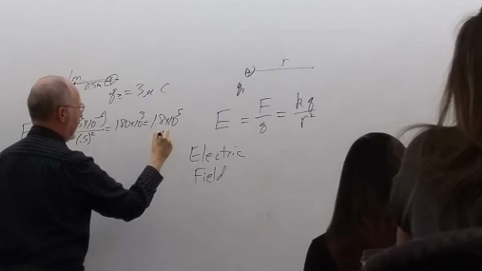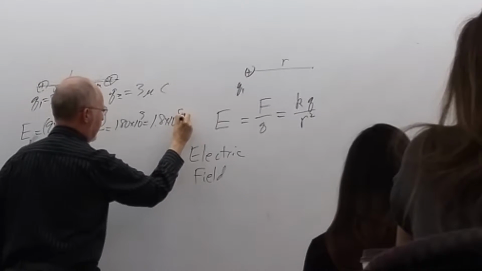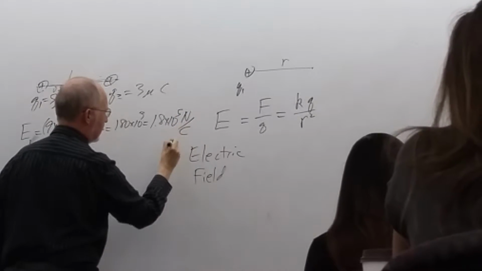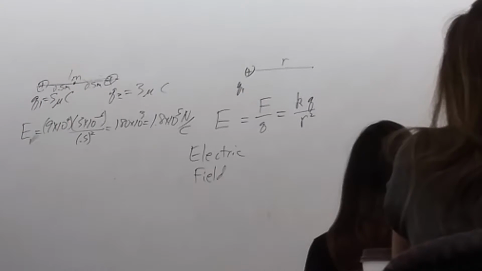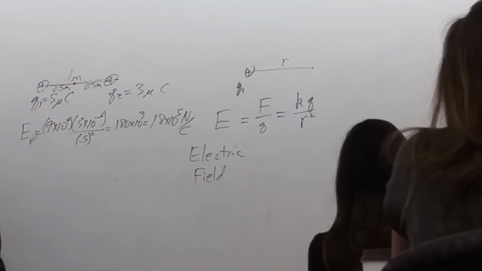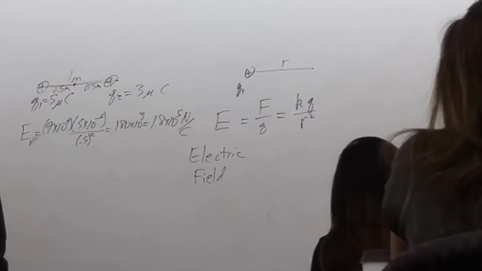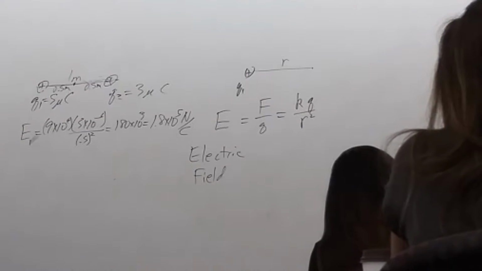And for right now, anyway, our general units are going to be newtons per coulomb. I think force over charge is E. So force in newtons, charge in coulombs.